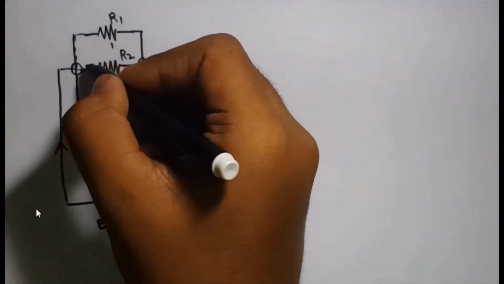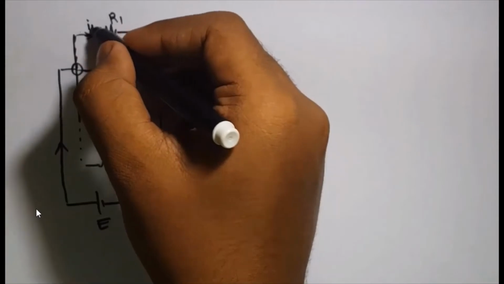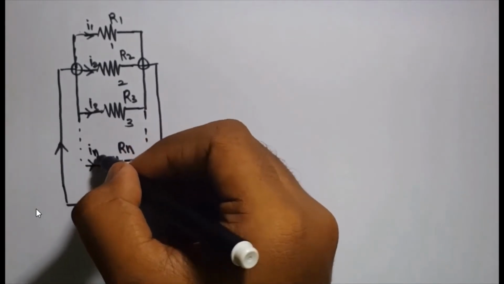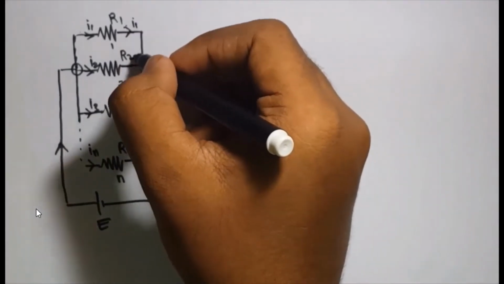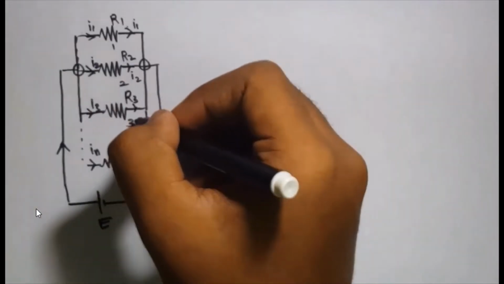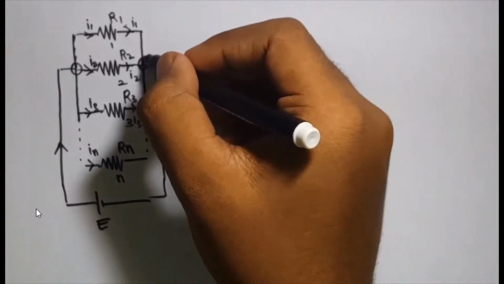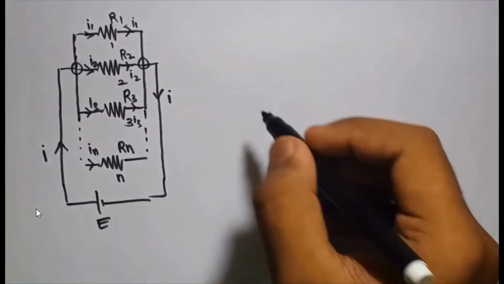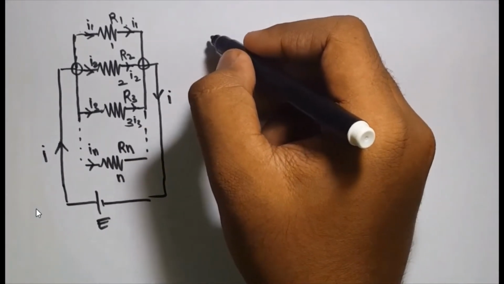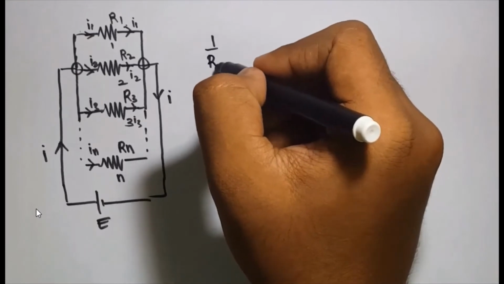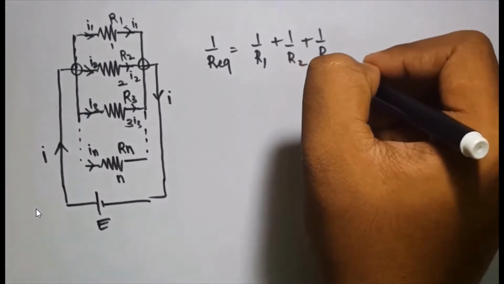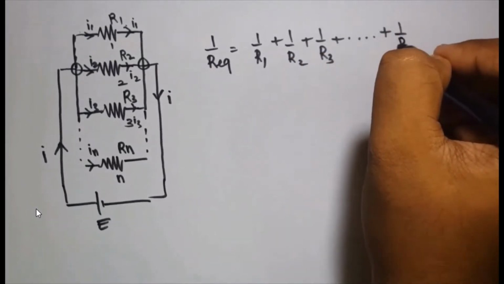So the current goes to this junction and divides here as I1, I2, I3 and so on, In, and here these currents join together and again come out as I. So the equivalent resistance for this arrangement is 1 by R equivalent equals 1 by R1 plus 1 by R2 plus 1 by R3 plus and so on plus 1 by Rn.